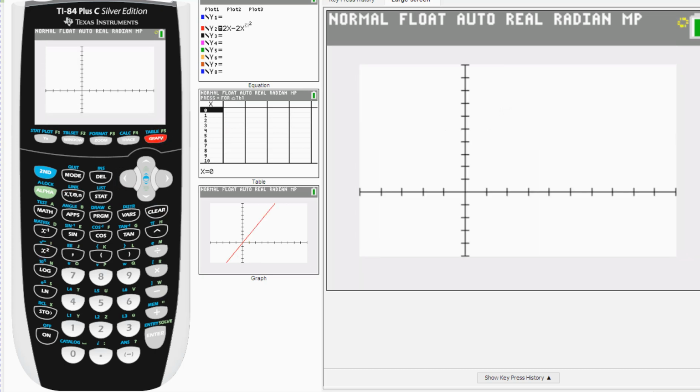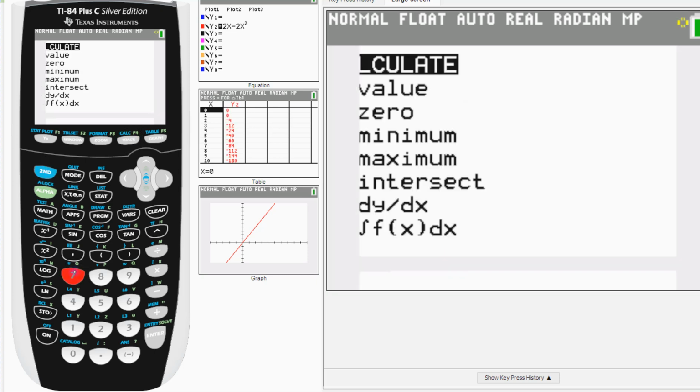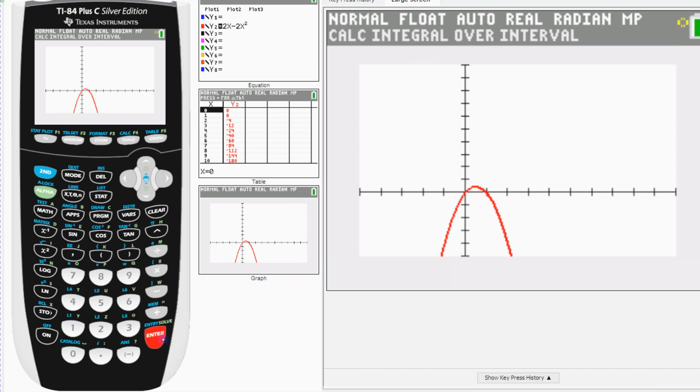Graph. And so I've got my new function. And again, the area I'm going to find is the little bitty area between 0 and 1. So second, trace, 7, 0, 1. And it'll find that little bitty area, which is 1/3. 0.333 repeating, which is 1/3.